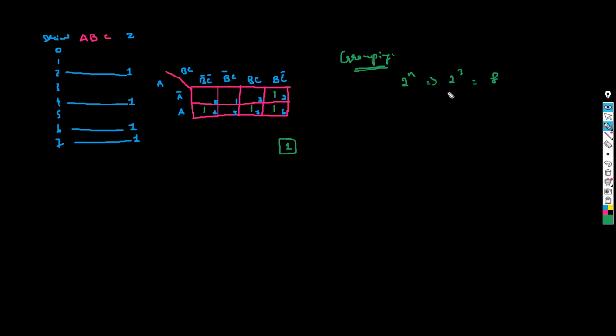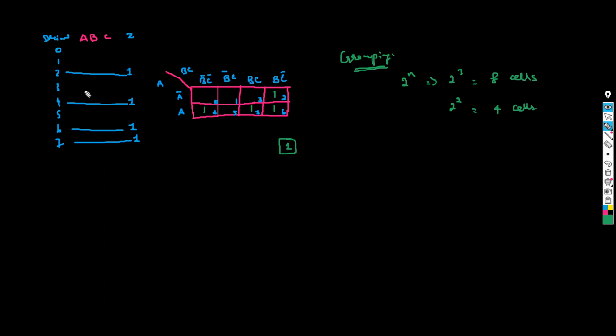That is the first thing. Next is 2 to the power 2, so you can group 4 cells. If 8 cells are not possible, then try to group 4 cells.